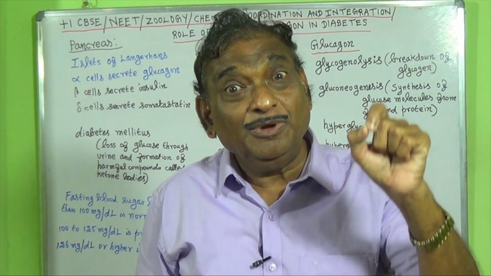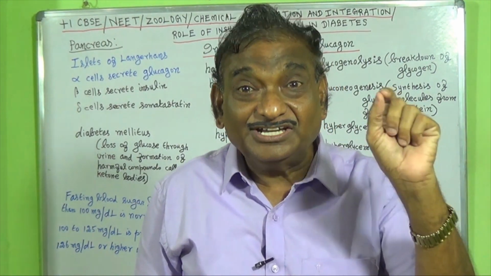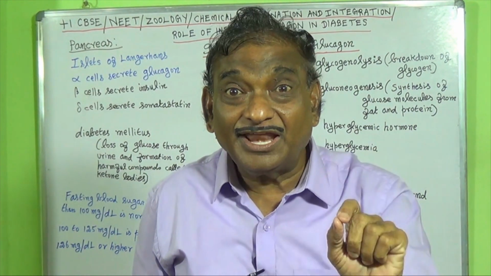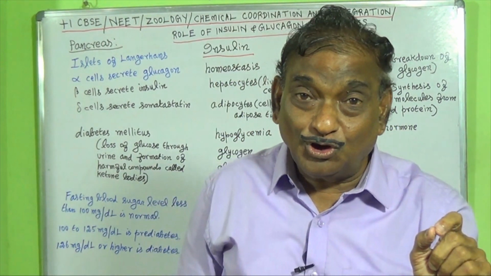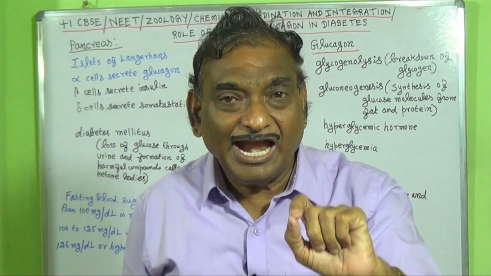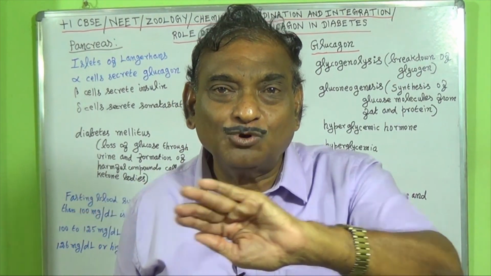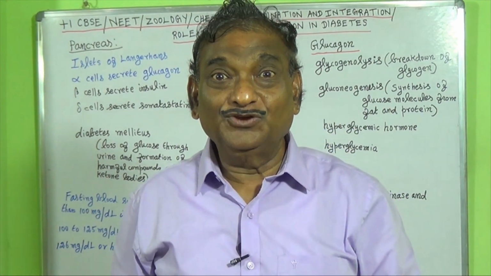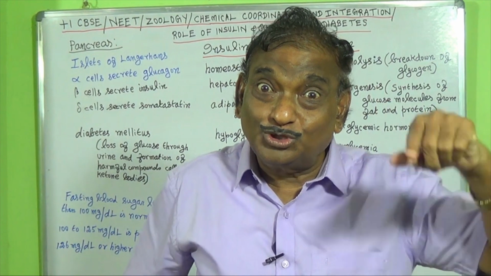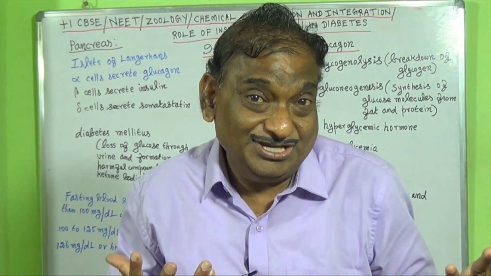The meaning of mellitus is sweetened with honey. That is sugar in the urine. Therefore, diabetes mellitus means passing of urine with the excess of glucose. If the glucose is passed through the urine, we cannot get sufficient energy.